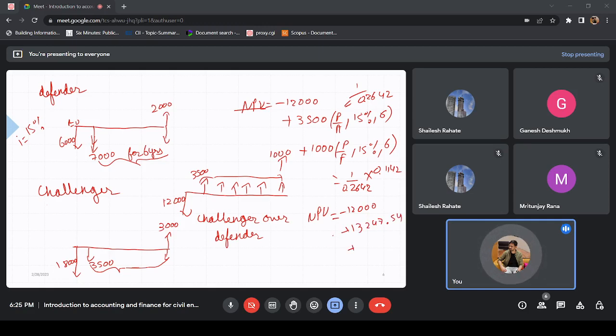So even if I don't calculate the rest, I know that with the third value coming something positive, and this positive value is greater than minus 12,000, so NPV is positive. So if NPV is positive, we know that the challenger is the better option.